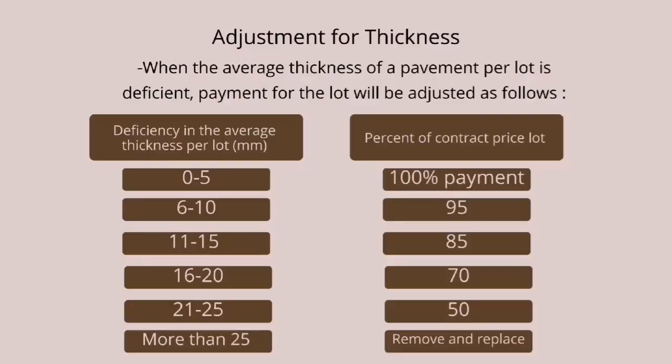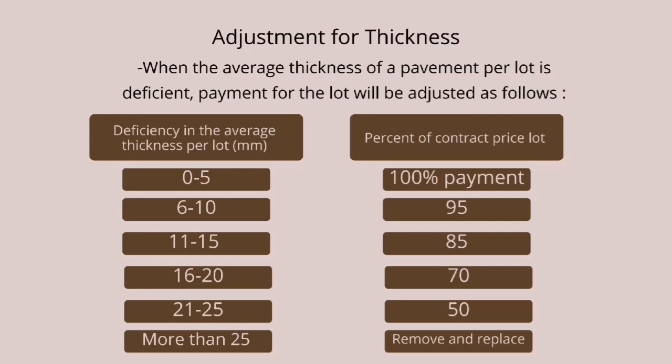Adjustment for thickness. So when the average thickness of a pavement per lot is deficient, payment for the lot will be adjusted as follows. In our table, on the left side is the deficiency in the average thickness per lot in mm, and the right side is the percent of contract price per lot.